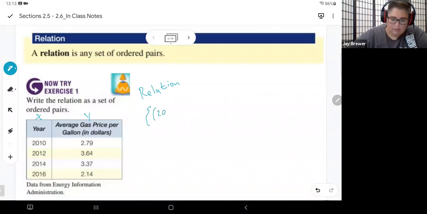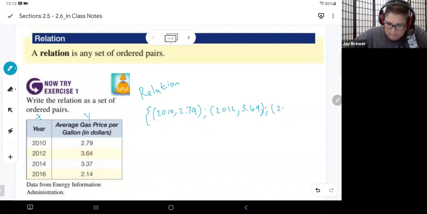We're going to take 2010 and it's going to go with its counterpart 2.79. Okay, and we do this for each point. 2012, 3.64. 2014, 3.37, and finally 2016 and 2.14.